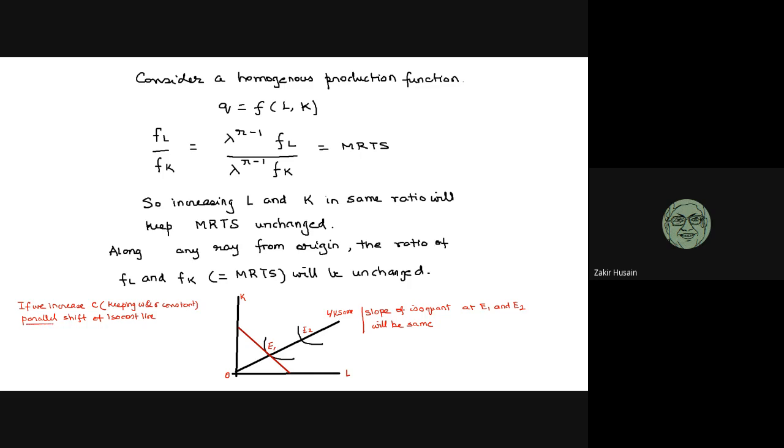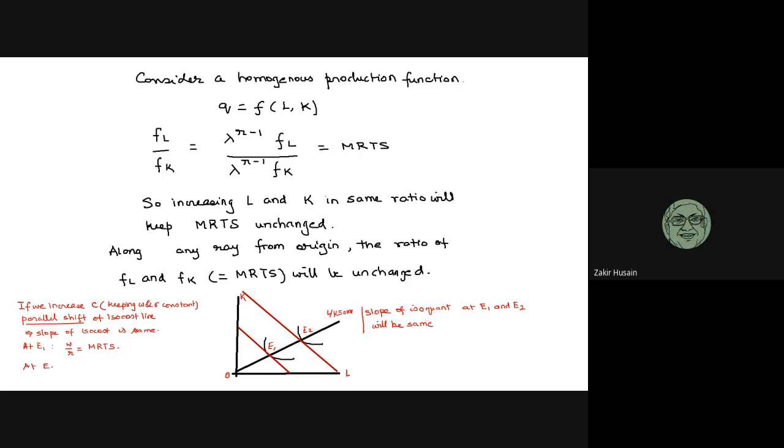Now, what does parallel shift mean? It means the slope of isocost remains the same. Okay. So if I introduce a new, increased isocost line, this is going to be the isocost line. This is unchanged. Now suppose we had equilibrium over here. Okay, so at E1, you had W/R equal to MRTS.